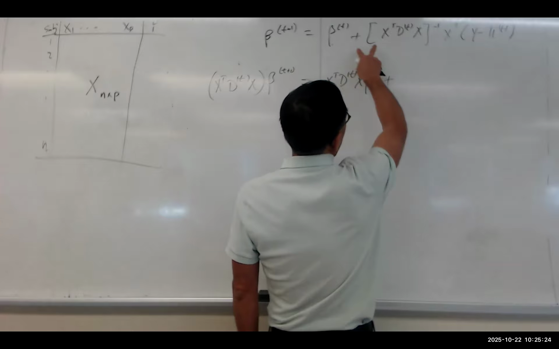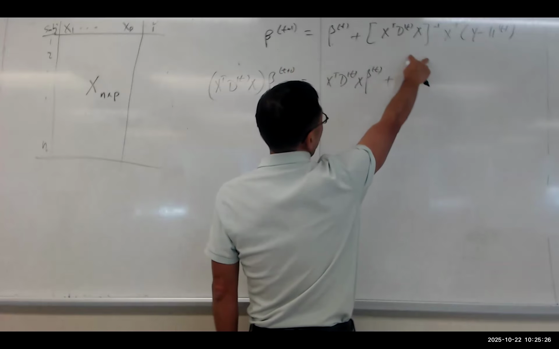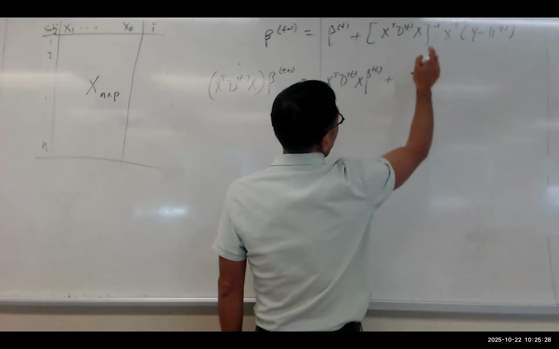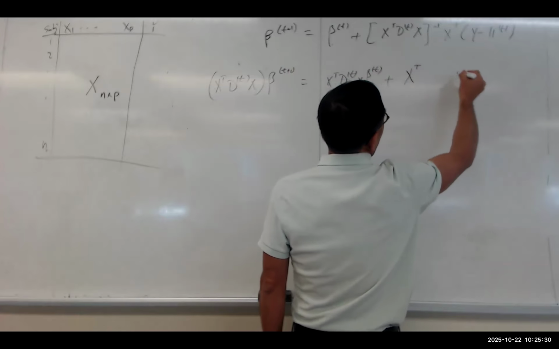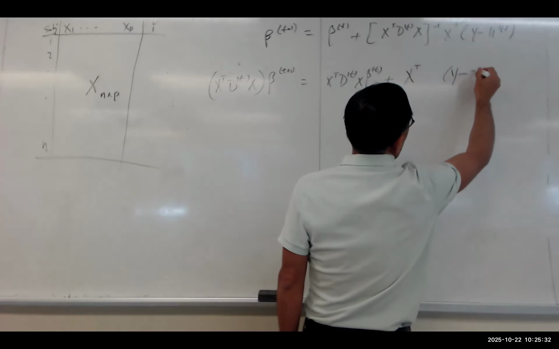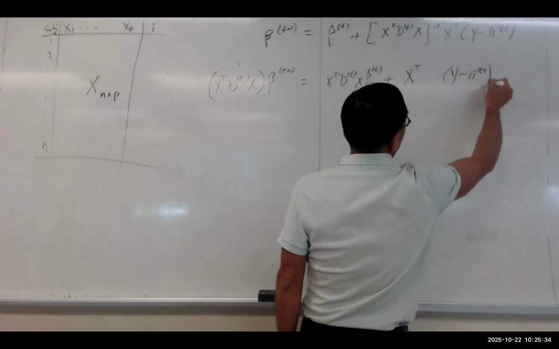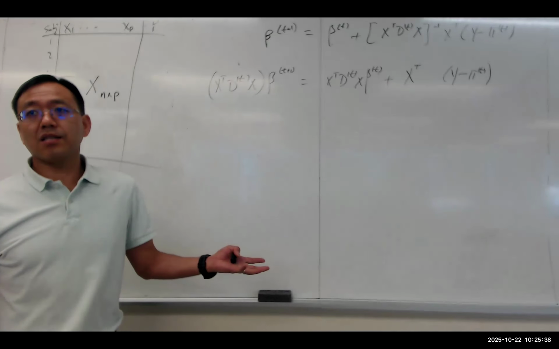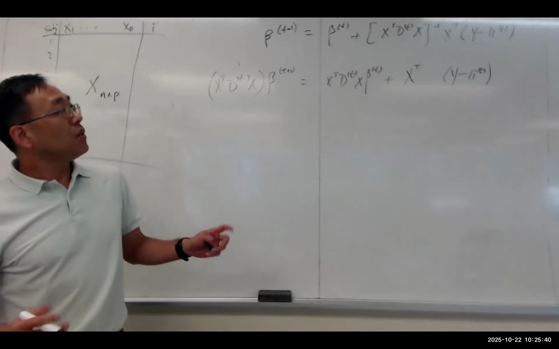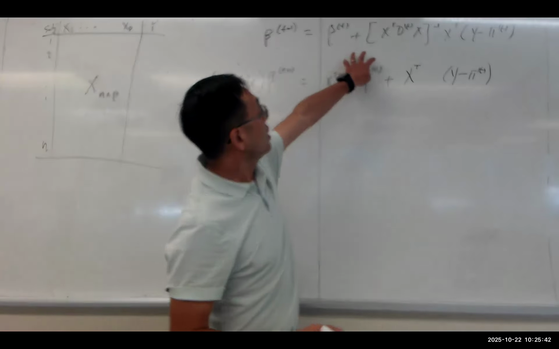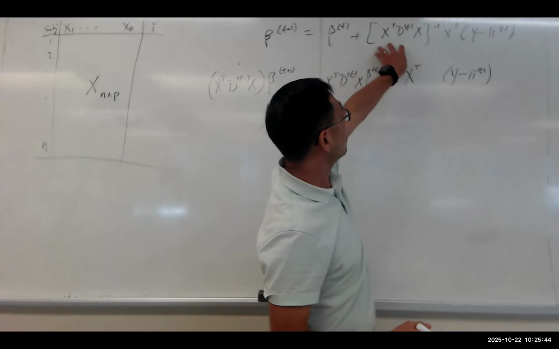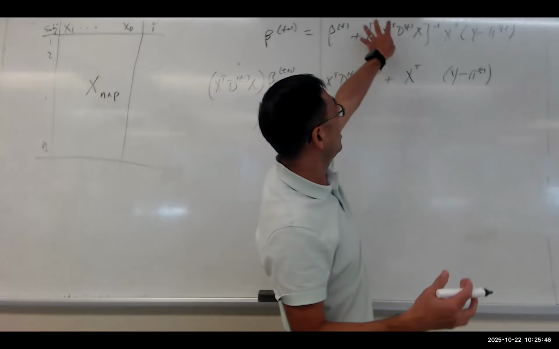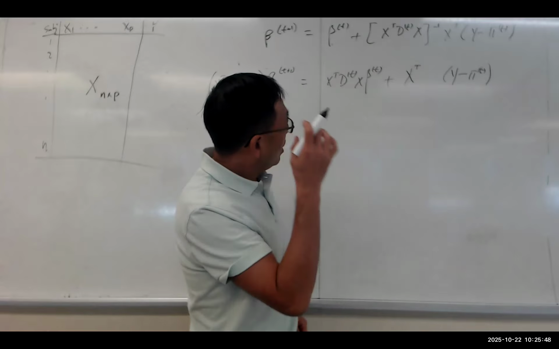Then the second term on the right hand side, the inverse is gone, and you're going to have x transpose times y minus pi t. This is clear, right? This is simple. What I did is just multiply x transpose Dt x on both sides, and then this term is gone.